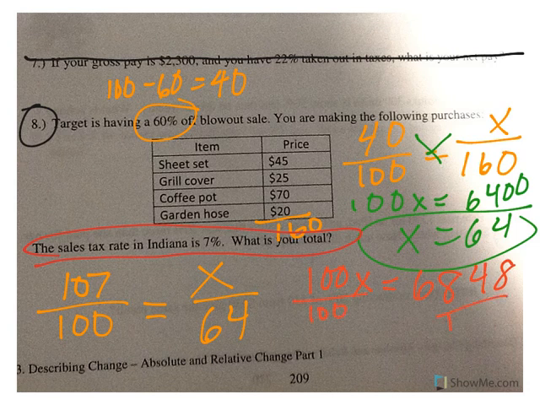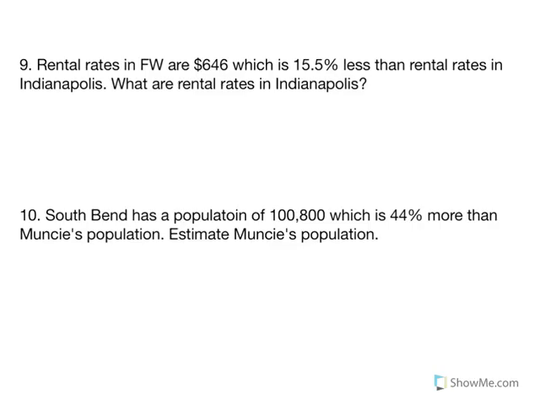So when I divide both sides by 100, x is $68.48. I apologize for that horrible writing right there. So that is the price after the discount, after taxes. So number 8 is a two-part problem. You first have to find the price with the discount and then the price with sales tax.